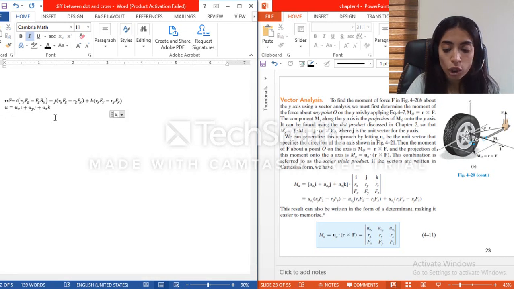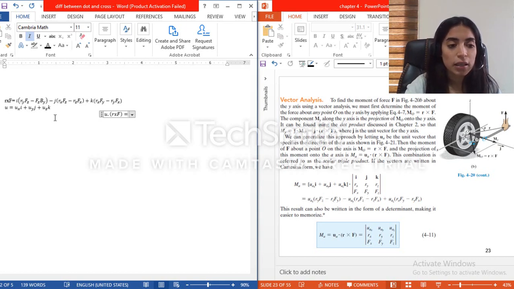So if I need to do the dot product of u and r cross f, the answer will be u dot r cross f, which is nothing but x of u times x of the vector r cross f plus y of u times y of the vector r cross f plus z of u times the z of the product r cross f.